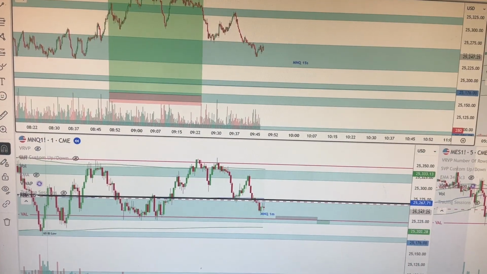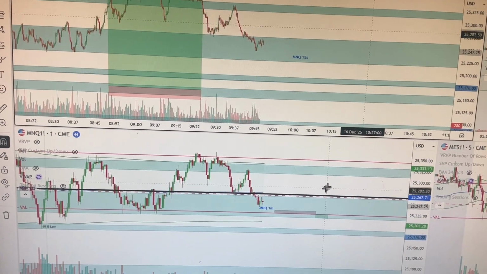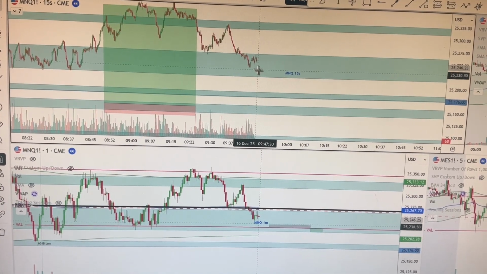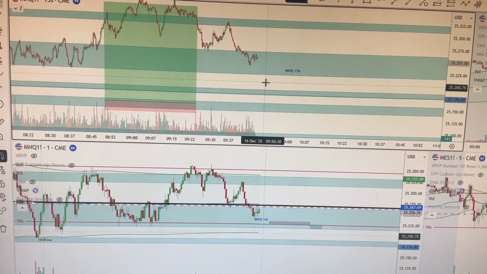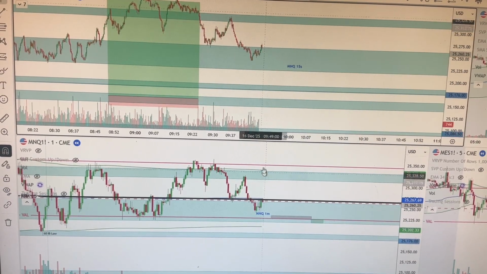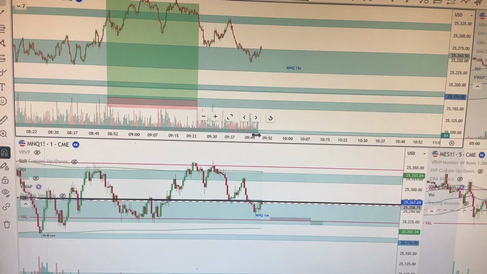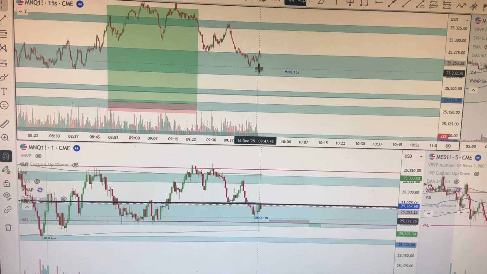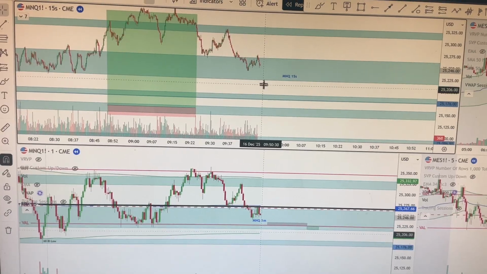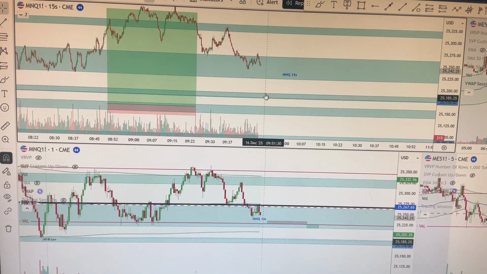So this is the 15-second and the 1 minute. This is where my alerts are starting to come in. This is where those FVGs were. So as it comes down, I'm at the supermarket and I'm getting the alerts, so I'm biking back home.